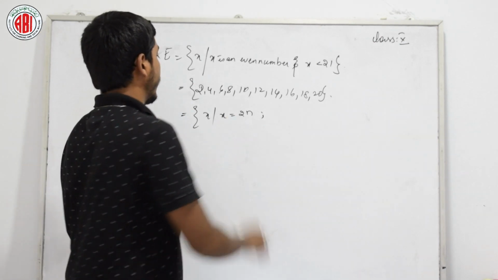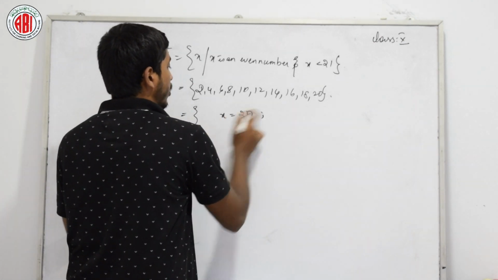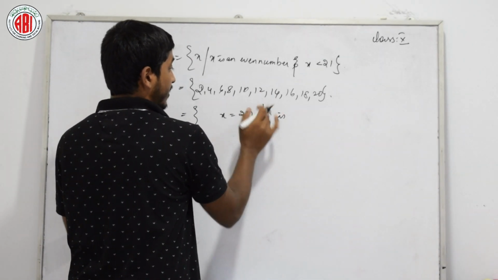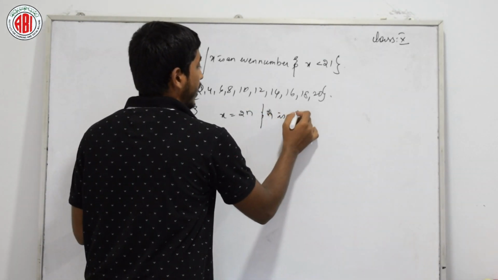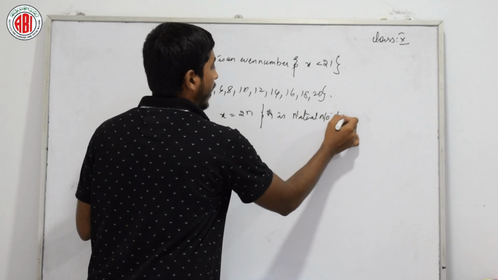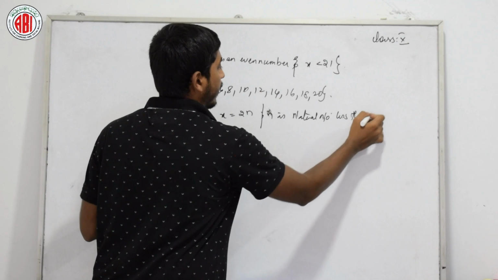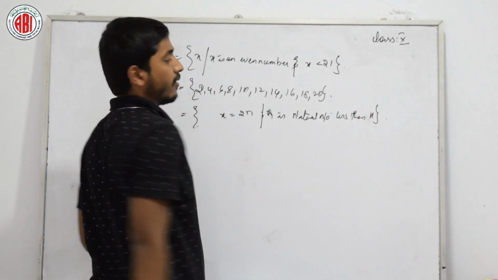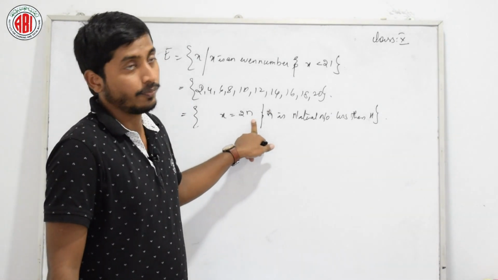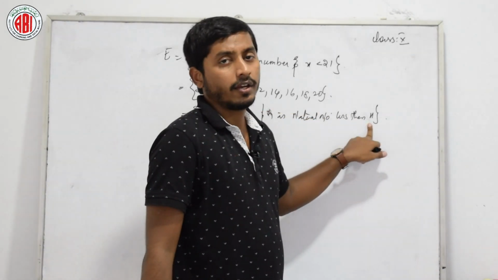We can write it here directly: x equal to 2n such that n is a natural number less than 11. We can define it. See here, we are getting up to 20, that is 2 into 10 is 20. Less than 11, otherwise it would be 22.